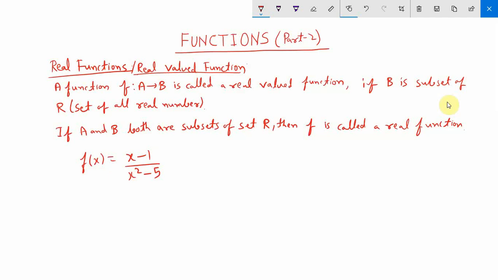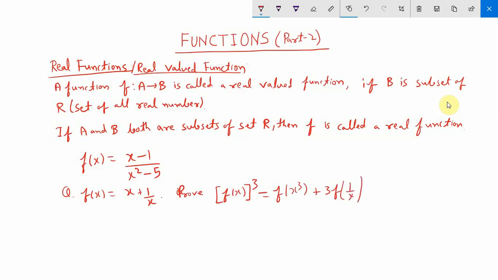So we will see some problem based on real function. If f(x) is given as x plus 1 by x, then we have to prove that (f(x)) whole cube equal to f(x cube) plus 3 f(1 by x).